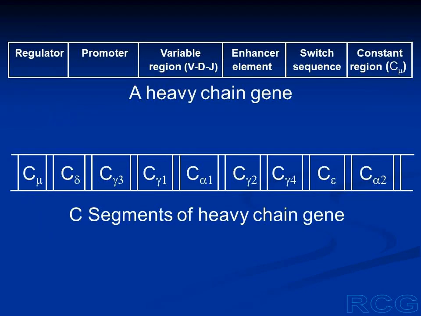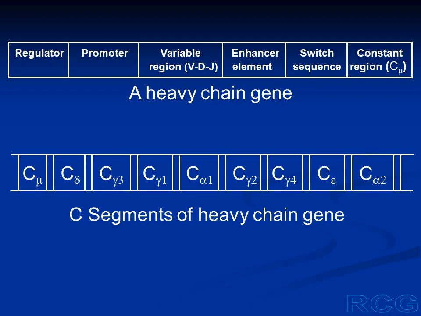So here we have a complete heavy chain gene starting with a regulator. Then there is a promoter, VDJ combination, enhancer element, and then a switch sequence, and every switch sequence is followed by a constant region gene.